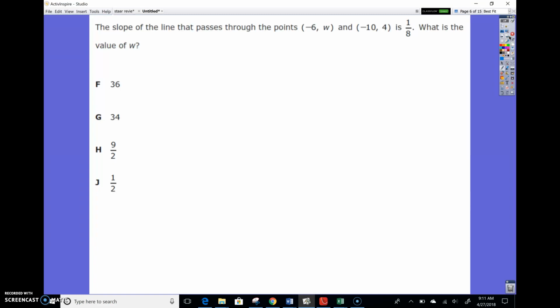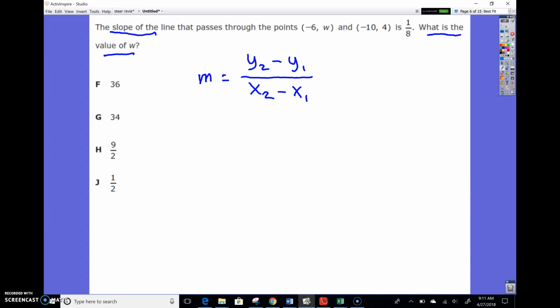See the slope of the line that passes through the points. So they give you the slope this time, and they ask, what is the value of w? Remember our equation is m equals y2 minus y1 over x2 minus x1.